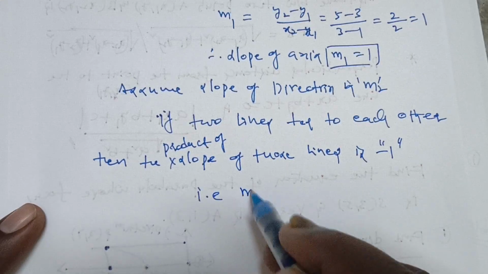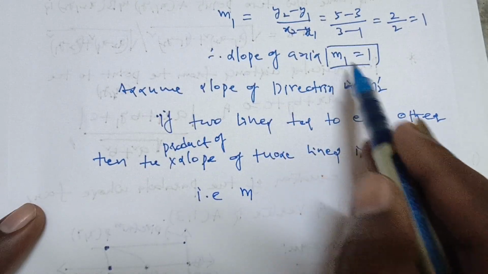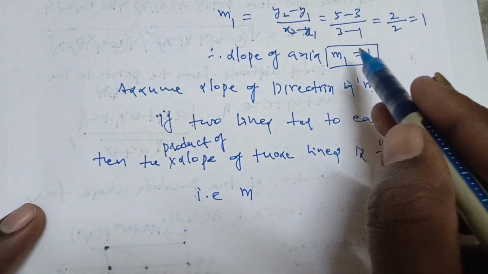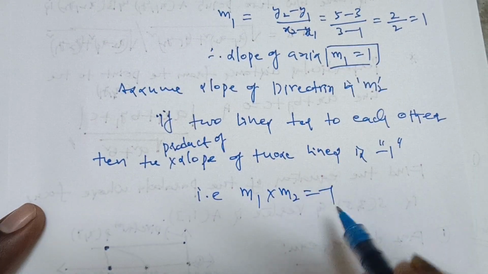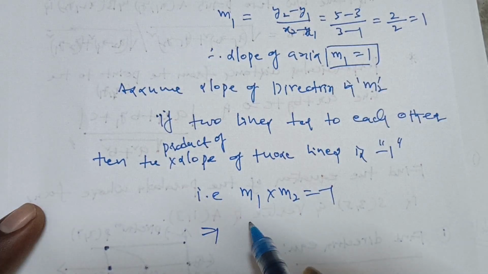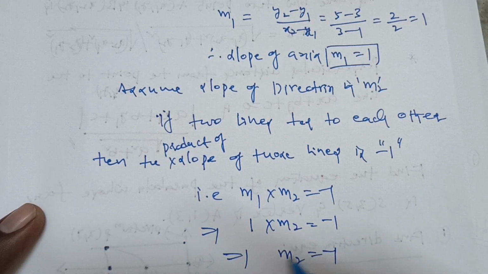That is, the slope of the axis we denote as m1 and the slope of the directrix is denoted as m2. So the product m1 into m2 equals minus 1. We know m1 here, that is 1 into m2 equals minus 1. From this, m2 equals minus 1.